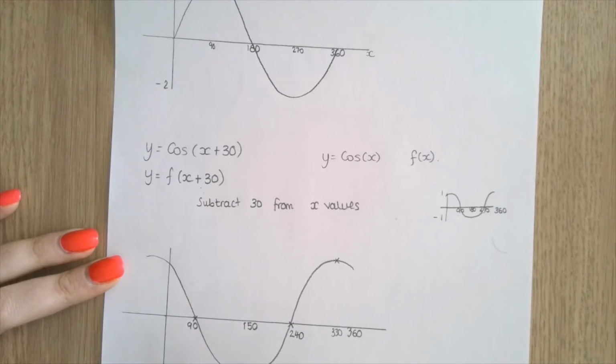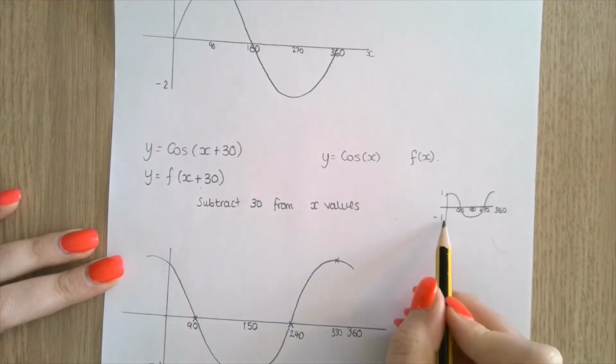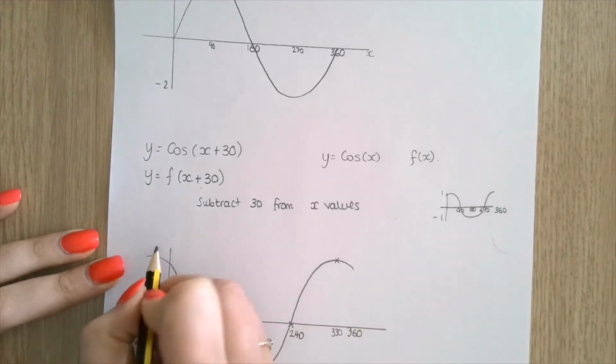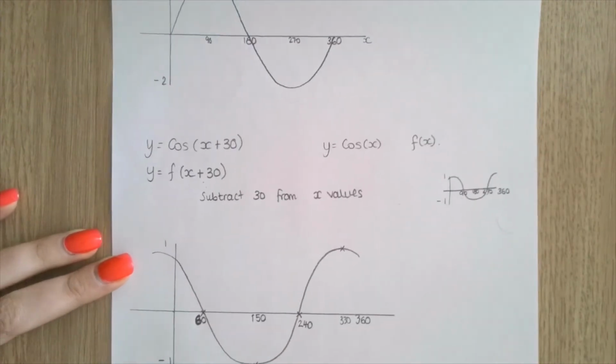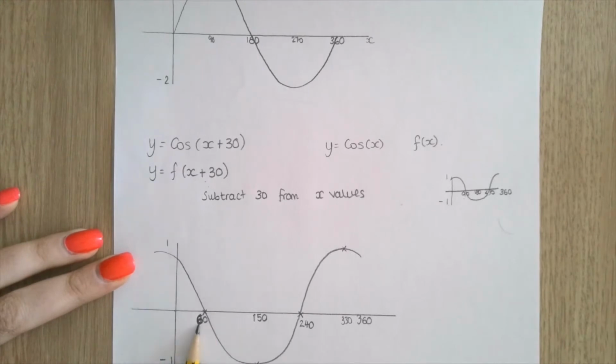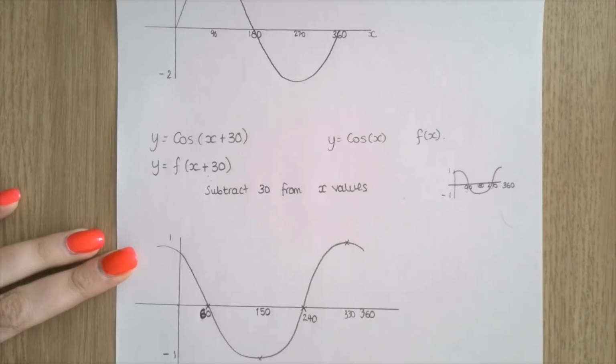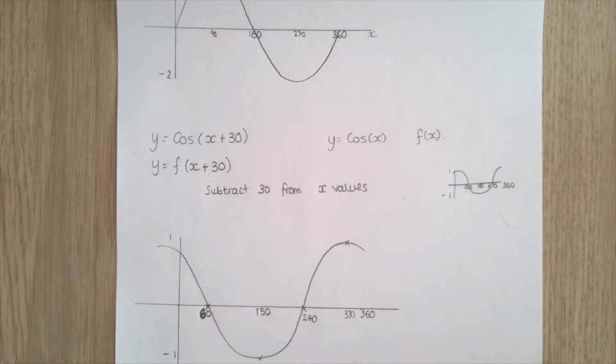My minimum stays at -1. And my maximum stays at 1. Just to remind you, oh sorry, this isn't 90, this is 60. I needed to subtract the 30 from that, sorry. So that should be 60 because I've taken 30 off of the 90. Hopefully you can see that that is 60 because it would have been 90 and I've had to subtract 30.